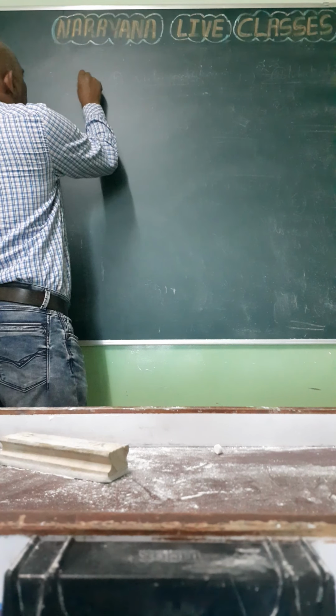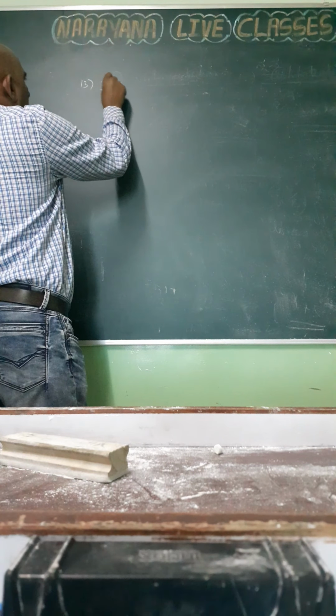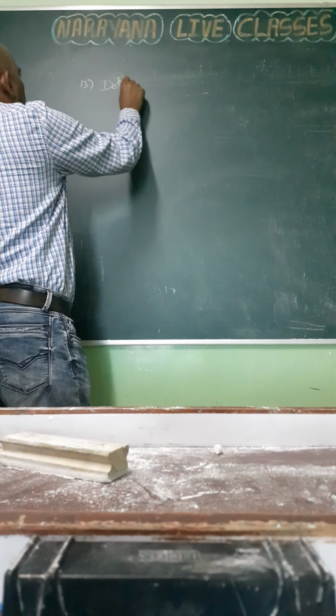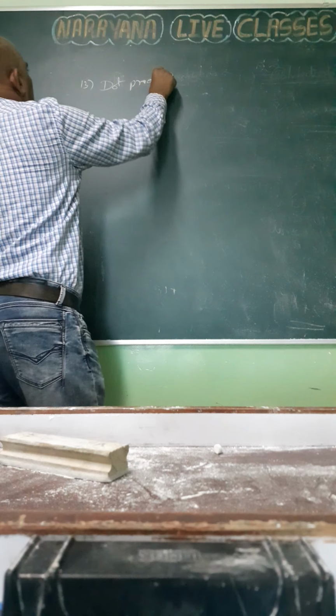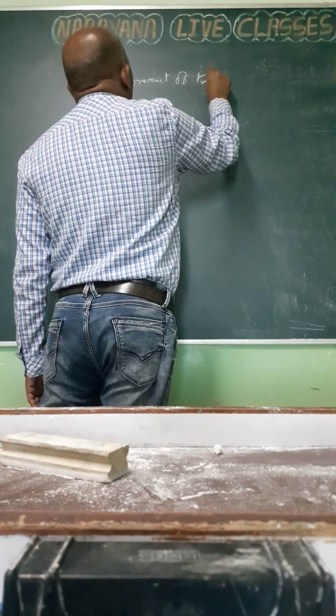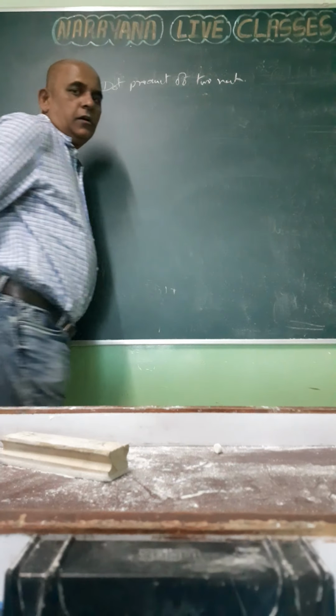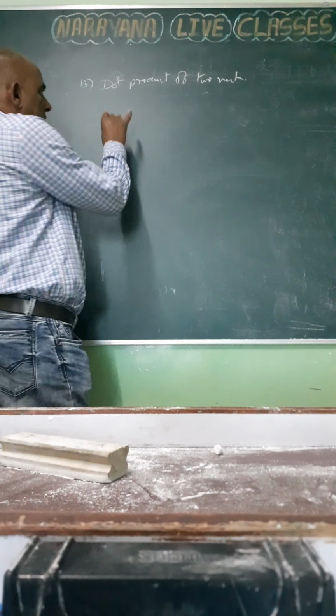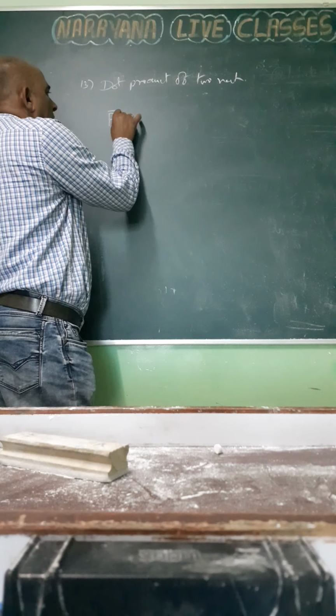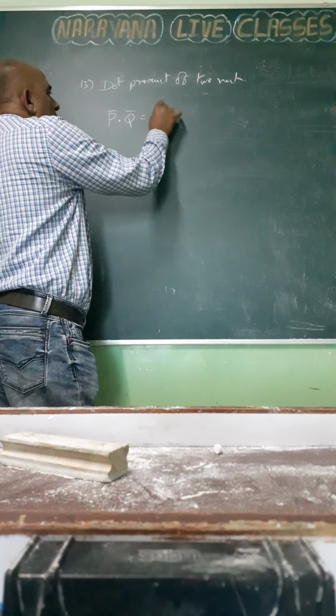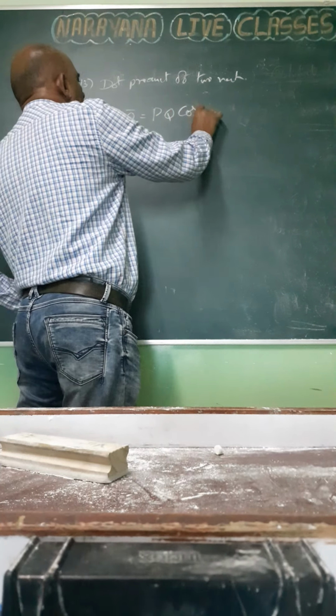Next, number 13, dot product of two vectors. Dot product means p bar dot q bar is equal to pq cos theta.